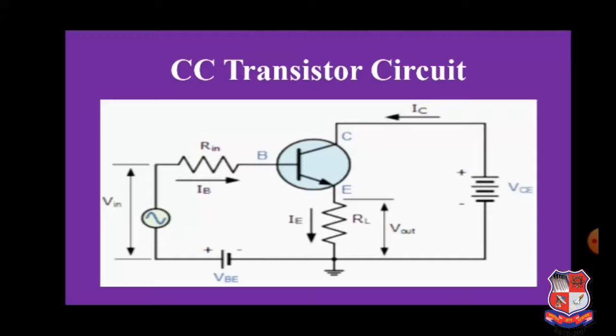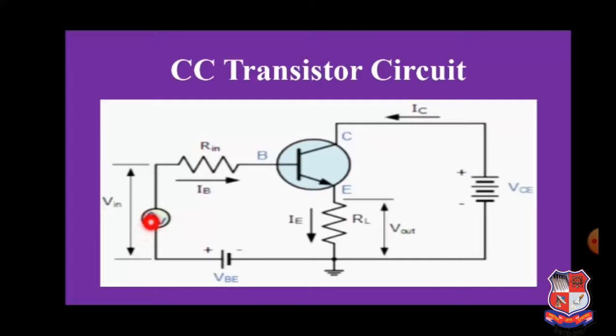First of all we will see each and every electrical component utilized in this circuit. As we all know, this is the base terminal, this is the emitter terminal, and the base and emitter terminals have the biased condition due to the applied voltage source VBE, the base to emitter voltage.